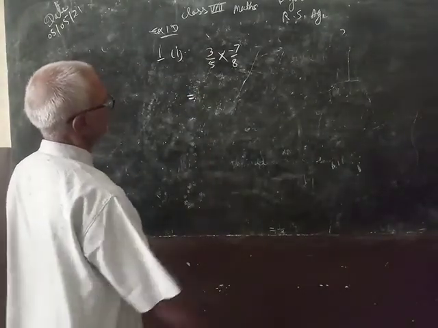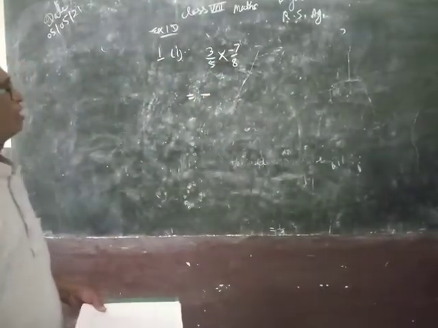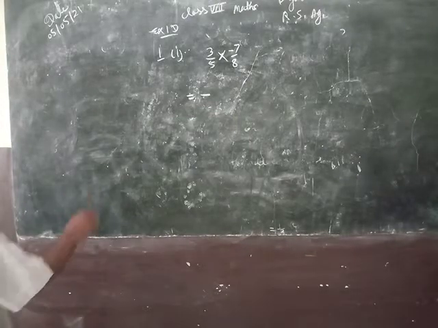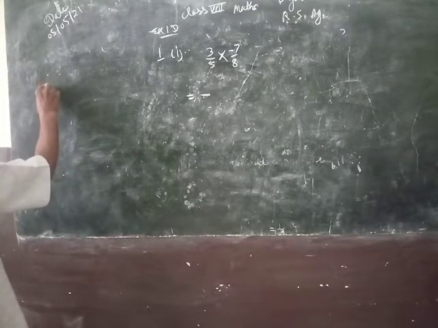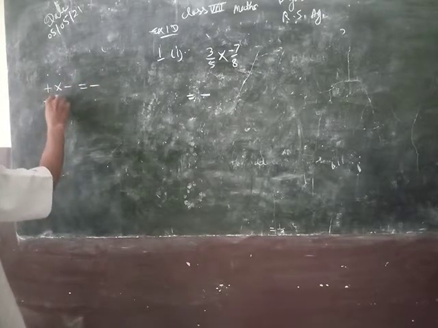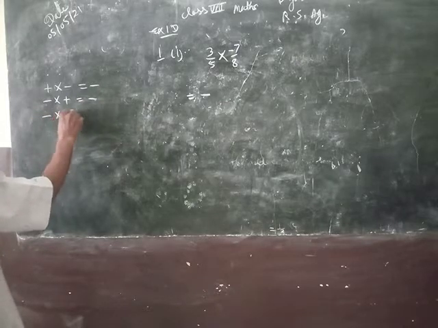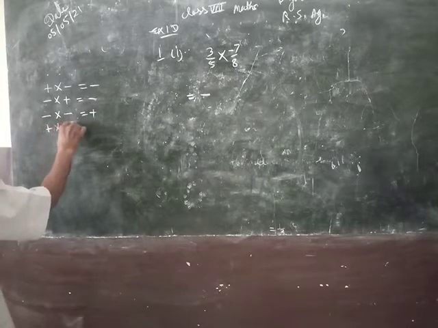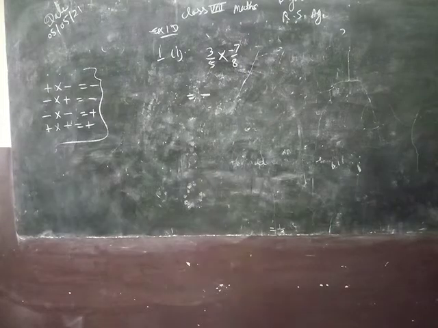Whenever numbers are multiplied, a positive into a negative gives a negative sign, and a negative multiplied by a positive is again negative, because plus into minus is minus, minus into plus is always minus, minus into minus is plus, and plus into plus is plus. Try to remember these four things.